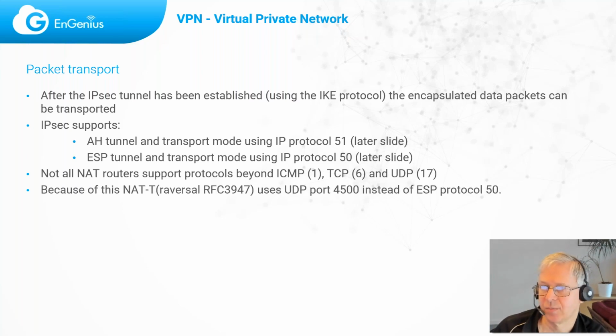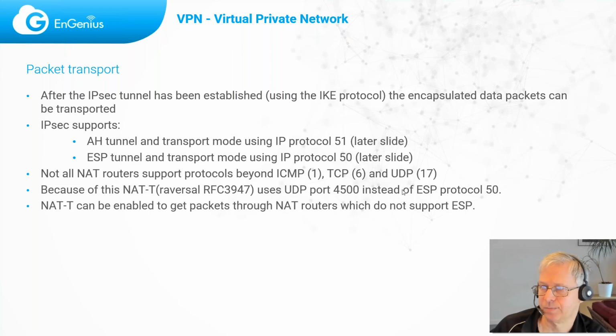Because of this, we have something we call NAT traversal. In that case, for the ESP, it will change protocol 50 or put in a UDP header, which all NAT routers will support. And then you can get your packets through.